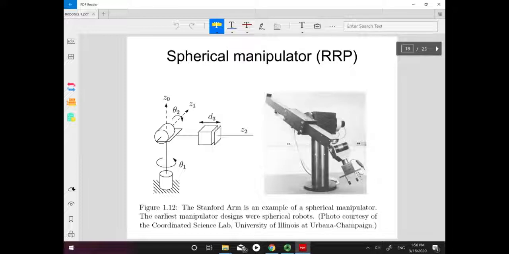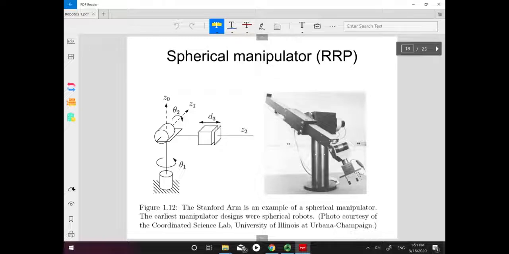If we go into the joints of this manipulator so that we can extract the model, we can see right here we have a base, so that we can achieve the rotation of the base in between the base and the robot. The second joint, right here, is a revolute joint, right? Because we can achieve the up and down, this type of rotation. Also the third joint is a prismatic joint.